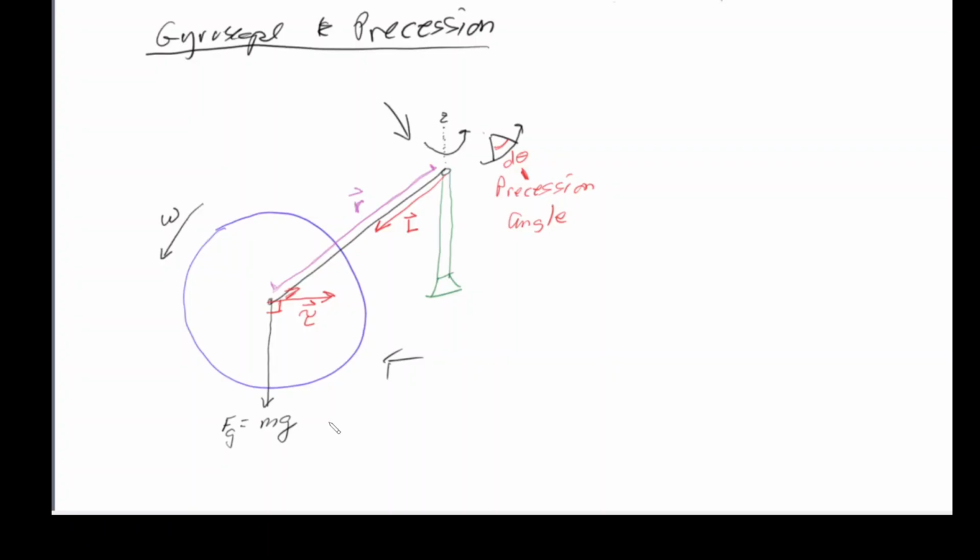And it's because the weight of the spinning wheel produces a torque that affects the angular momentum L of the spinning wheel. The angular momentum L points along the shaft and is given by L equals I times omega.